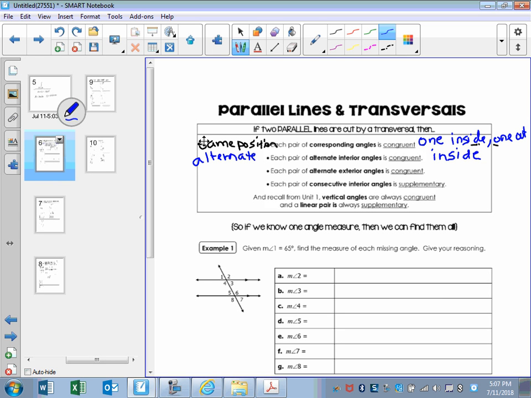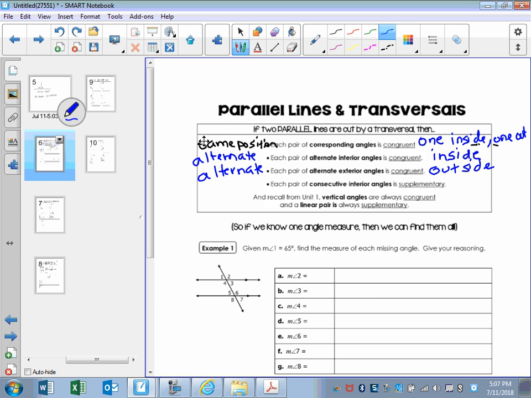Alternate exterior angles are on alternate sides, but outside. Exterior means outside of the two lines that the transversal crosses.